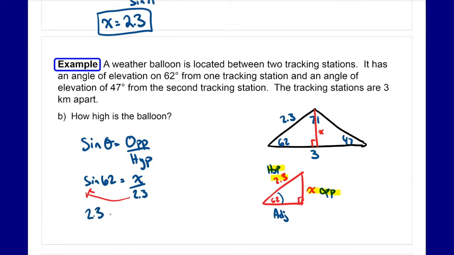So 2.3 sine 62 equals x, and we should get roughly 2.03 kilometers is equal to x. So that is how high the balloon is. So the balloon is 2.03 kilometers high.